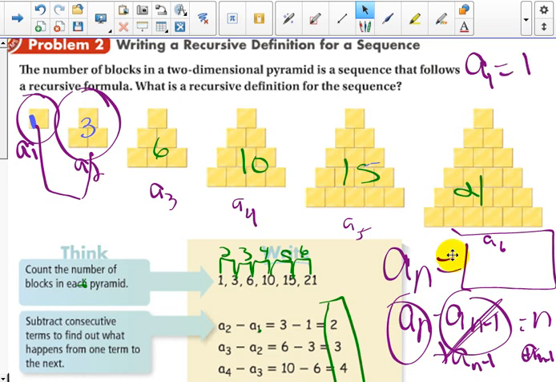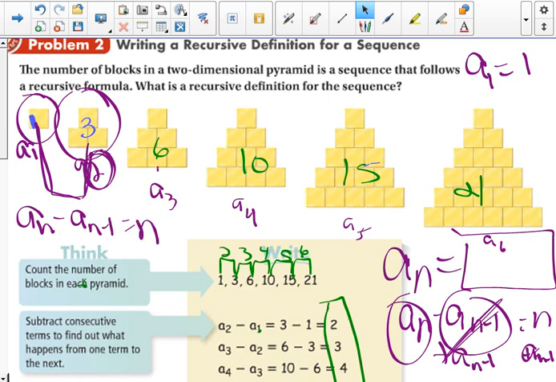Now let's look what happens when we do the current element, I'm just going to call a sub n, minus the previous element, which is a sub n minus 1. We found that when you subtract them, the 3 minus 1 was equal to 2. Well, that's just our current n, right? And we did that for every problem here.